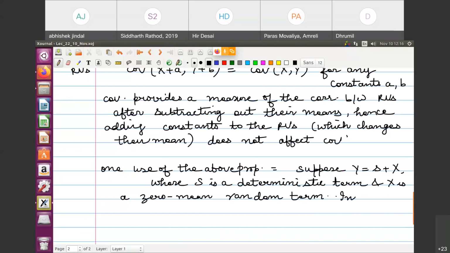So the use is, in order to compute the covariance of y, it is convenient to drop this. Suppose you have a model in which you can clearly see that there is a deterministic term, and you know what that term is, which adds to the random term to generate y. You can simply drop that and obtain the covariance of x only, which will be the covariance of y. So covariance of y is not at all dependent upon this deterministic term which adds to the random part.